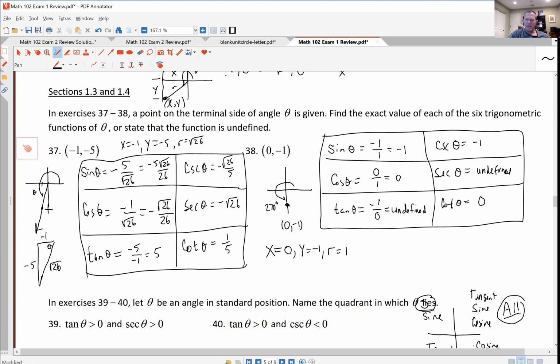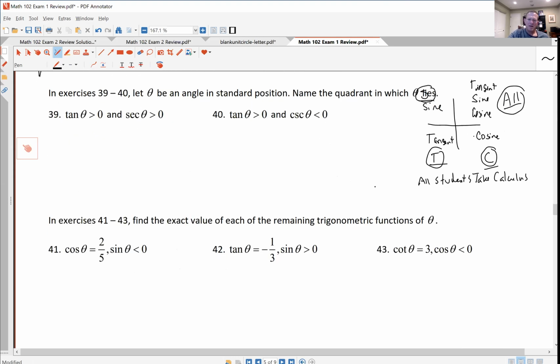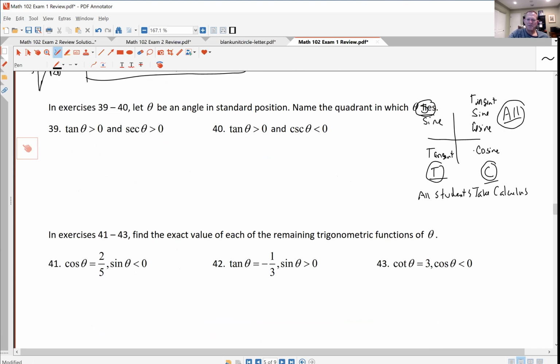All right, so in finding the quadrant where theta lies, you need 2 bits of information. If they tell me the tangent's positive, then I know I'm either in quadrant 1 or 3.